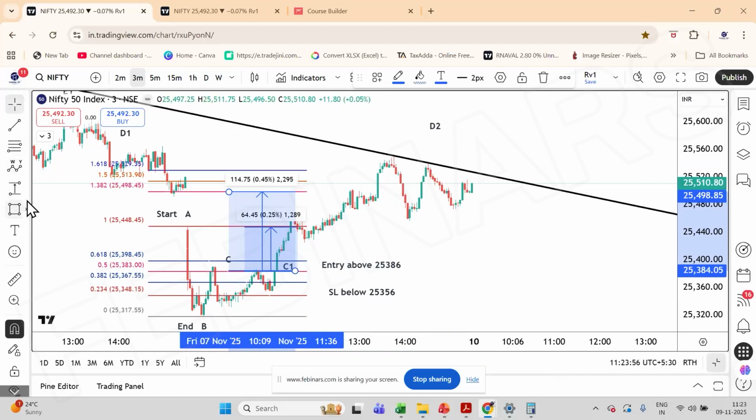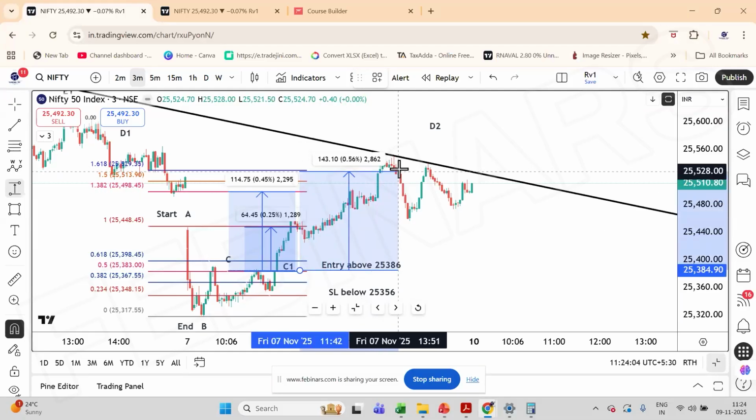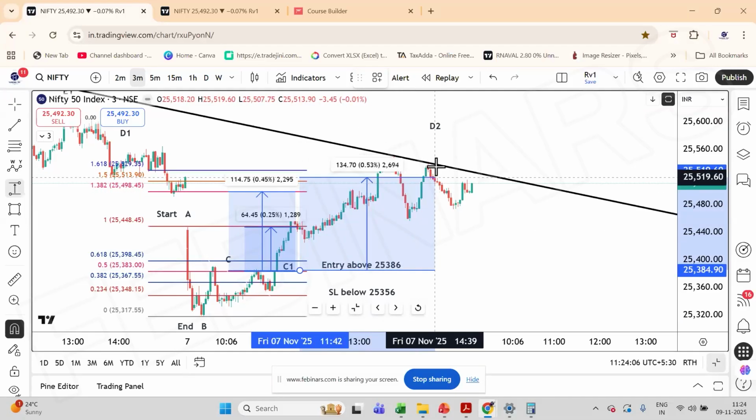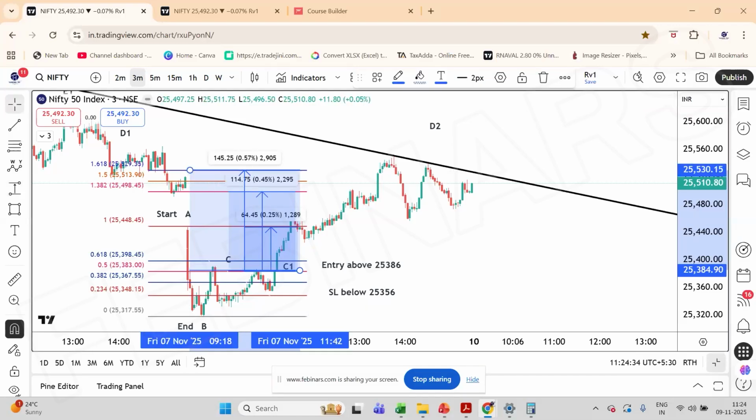115 points, almost quadruples. Let us keep it as the final extension as the third target. Let us keep the fourth, this one, 150%, 161.8. So guys, what is the third target?